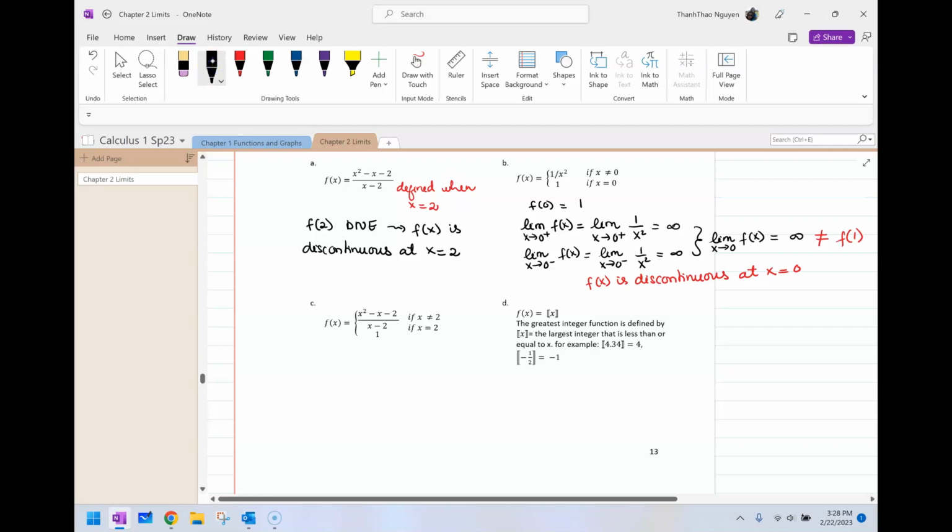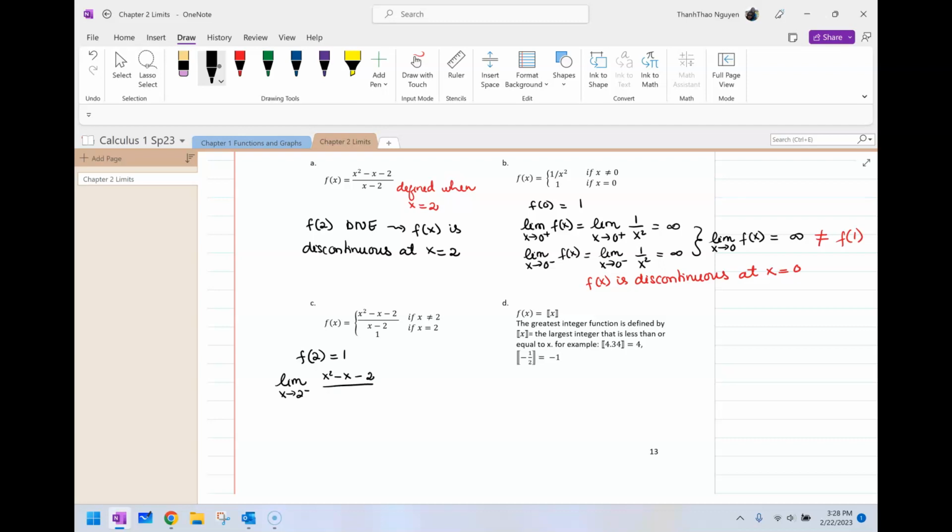Let's take a look at part c. Let's see what happened at 2. We know the function f of x is equal to 1 at x equals 2. So f of 2 equals 1. What happened to the limit as x approaches 2 from the left of x squared minus x minus 2 divided by x minus 2? We will factor the numerator and simplify.